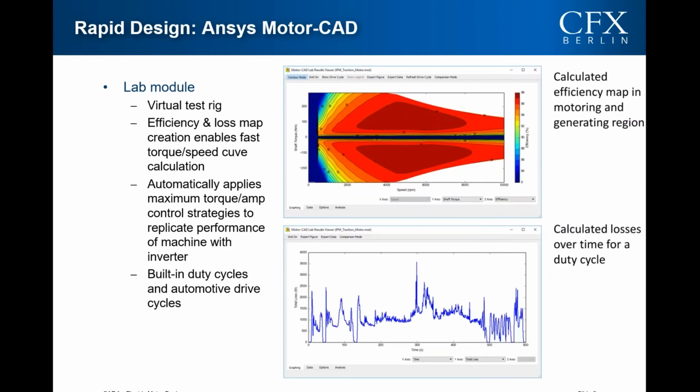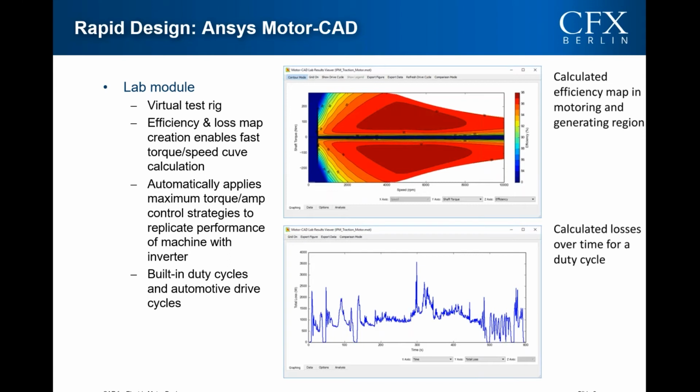The lab module of MotorCAD is a virtual testing laboratory for your motor. It uses the coupled electromagnetic and thermal module to create a detailed efficiency and performance map, thereby taking into account changing inductances and losses.